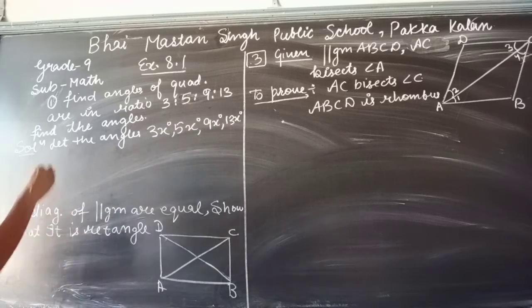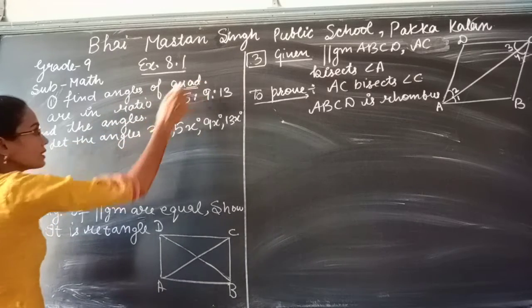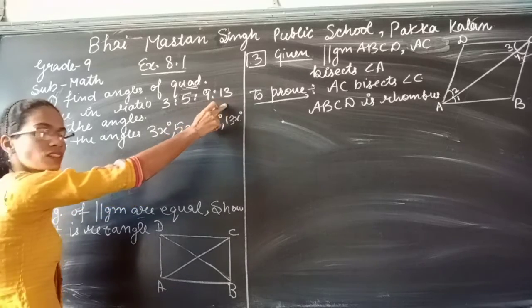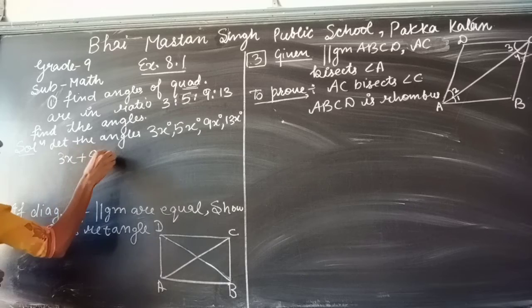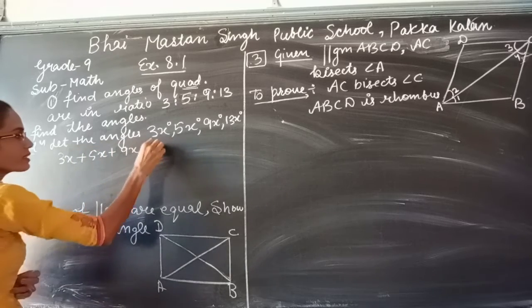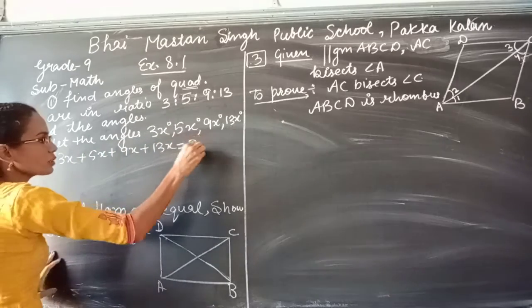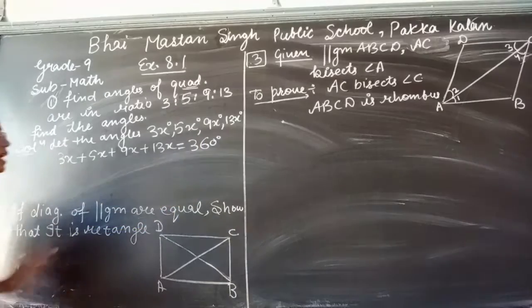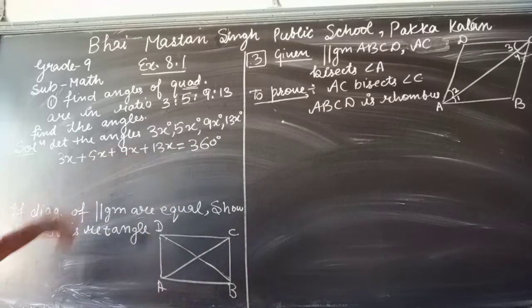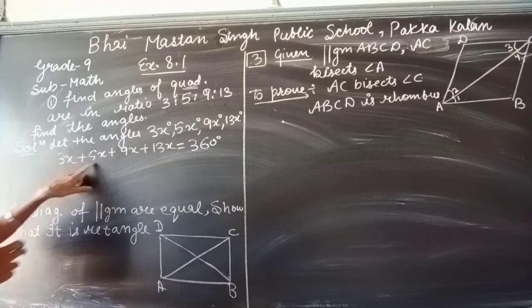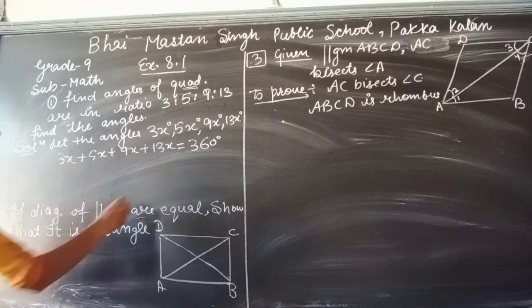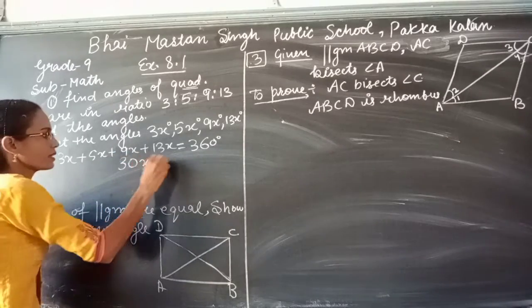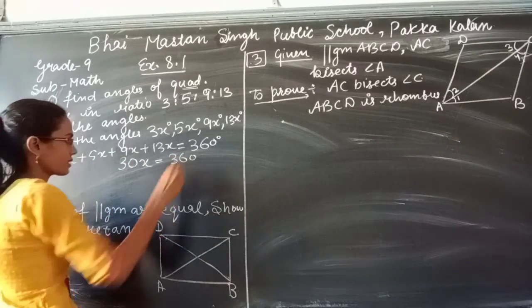Next, in a quadrilateral the sum of the 4 angles is 360. So 3x plus 5x plus 9x plus 13x is equal to 360. The sum of 5 and 3 is 8, and so on, so this will be 30x is equal to 360.